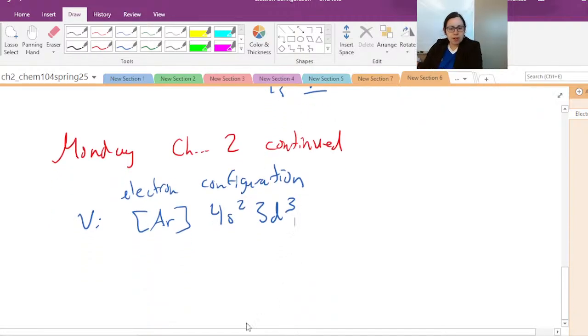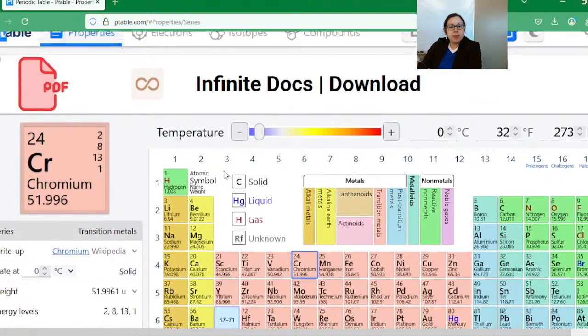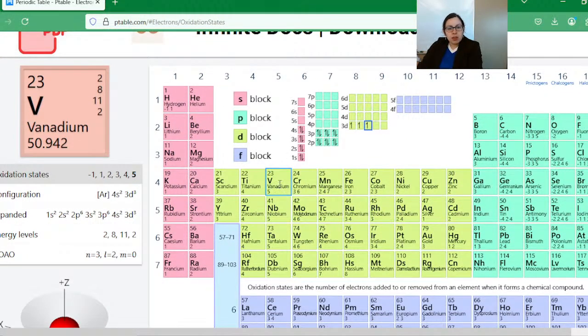And so that checks out. Oh, just to, again, help you study at home, P table, electrons, we can check it. So we click vanadium, and then we find, okay, that matches, right, argon 4s2, 3d3.